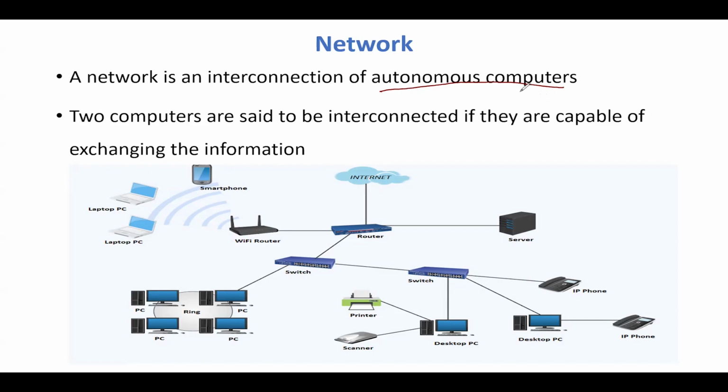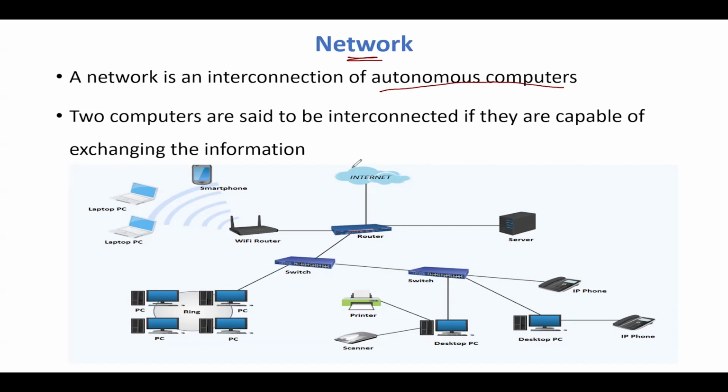We all know the meaning of the word autonomous and individual computers. When we interconnect them, that becomes a network. Two computers are said to be interconnected if they are capable of exchanging information. So if you're able to send a message from your phone to your friend's phone, then both of your phones are connected and it is a network.